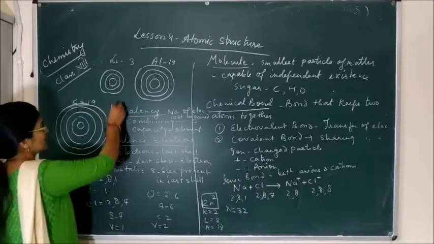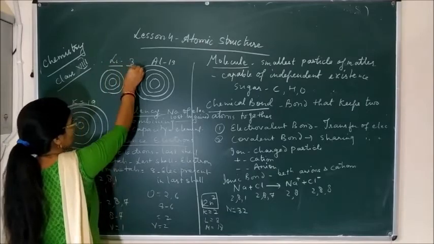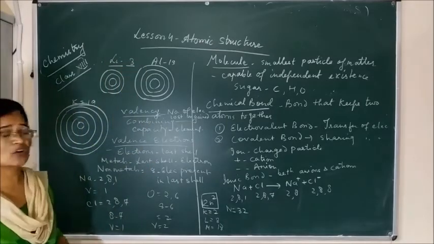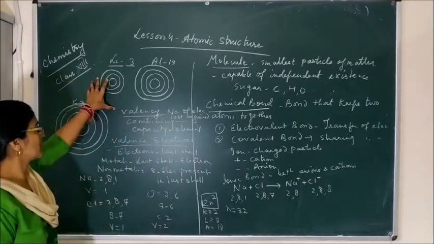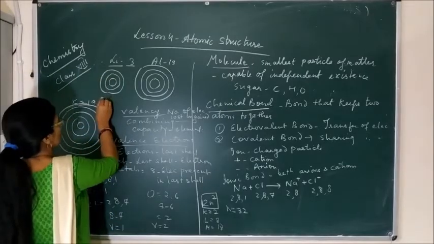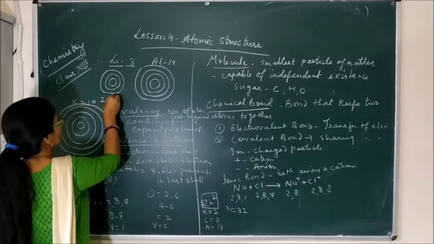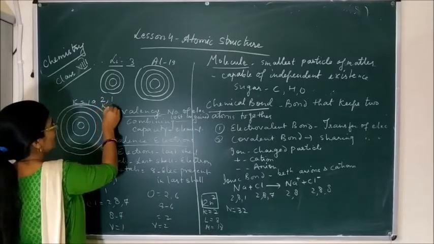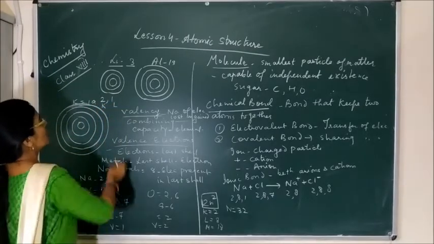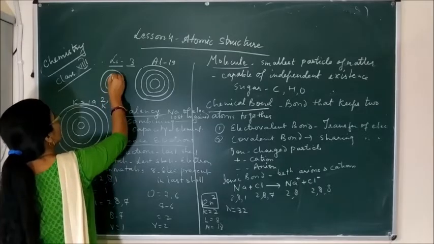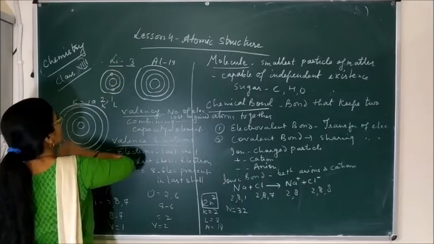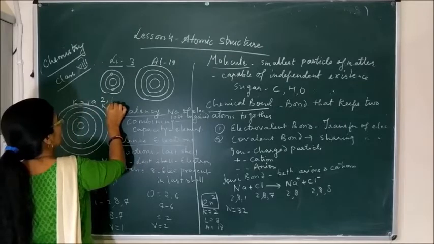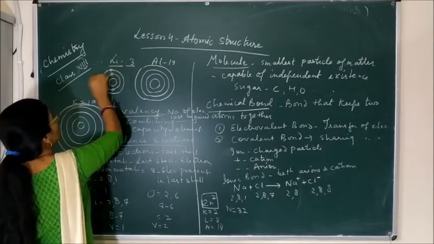So first we take the example of the lithium atom. The atomic number of lithium is 3, so its electronic configuration will be 2 and 1. It will have 2 shells, that is K shell and L shell. In the first shell it can occupy 2 electrons, and in the last shell, that is L shell, it can occupy 1 electron.